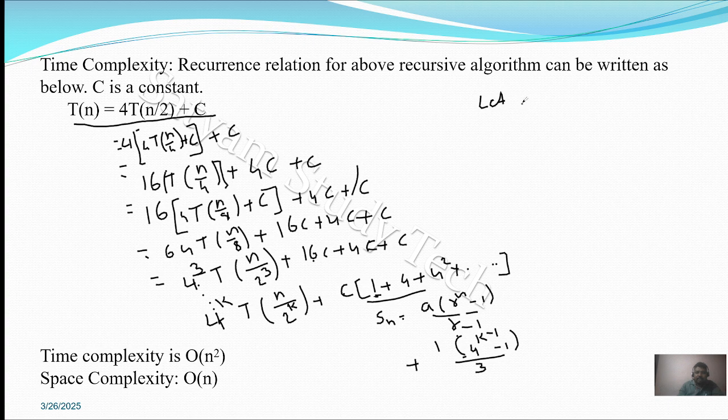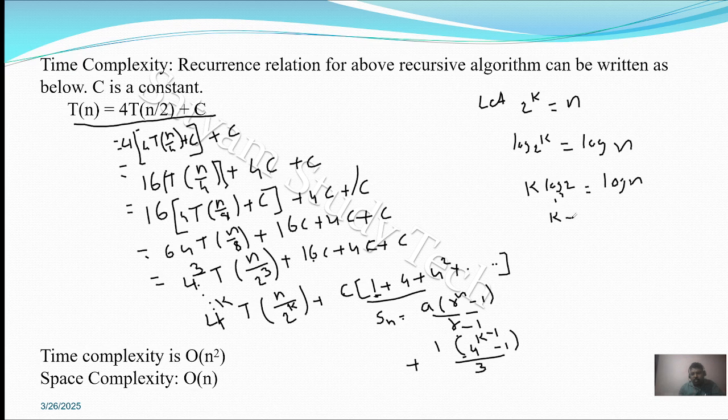Let 2 power k equal n. You can apply logarithms on both sides. So log 2 power k is equal to log n. Here it is k log 2 equal to log n. Already the log 2 base 2 value is 1.